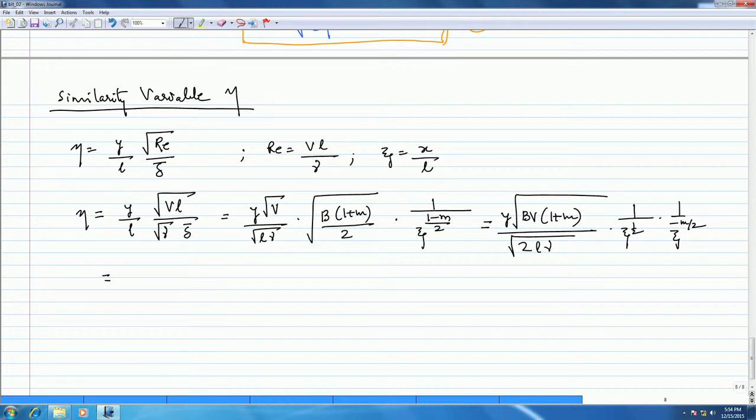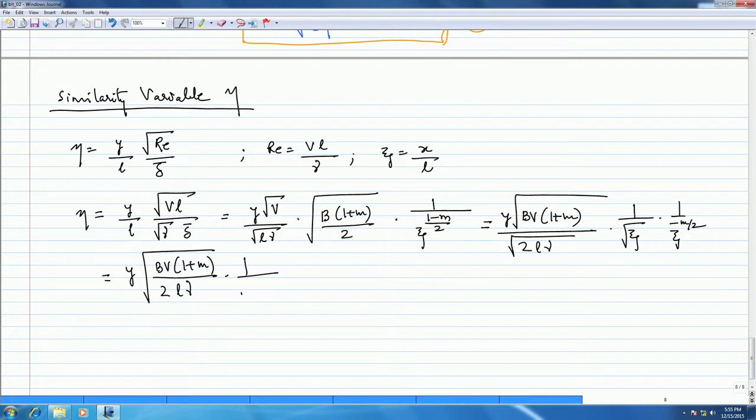So if I do that, this is again equal to y, under root of b v (1 plus m) by 2 L nu, and this one is under root of zeta, and zeta is x by L.